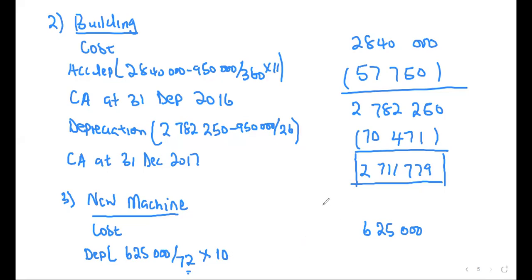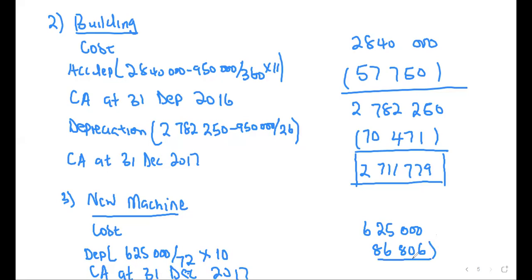Right, so how much are we going to have as our depreciation there? 86,806. So which means we need the carrying amount at 31 December 2017.